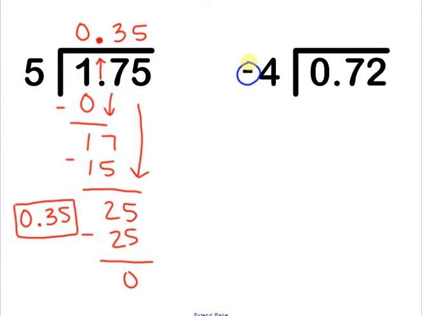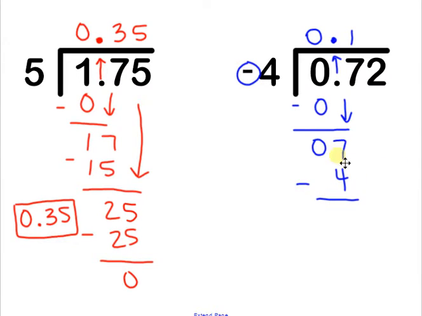All right, I'm going to circle my negative there. Bring the decimal straight up to the roof. 4 goes into 0 0 times. 0 times 4 is 0. I'm going to subtract. 0 minus 0 is 0. Bring down the 7. 4 goes into 7 one time. 1 times 4 is 4.